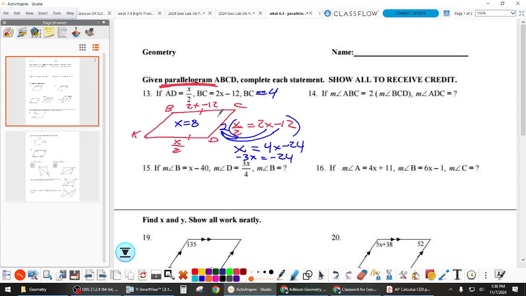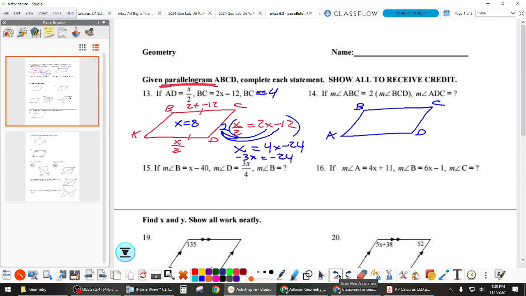All right. Same picture, or I should say you can use the same picture, but now we have an angle problem. This was side lengths, because it was talking about AD. This is now angles. It says that angle ABC, which is this one, is 2 times BCD, which is that one.